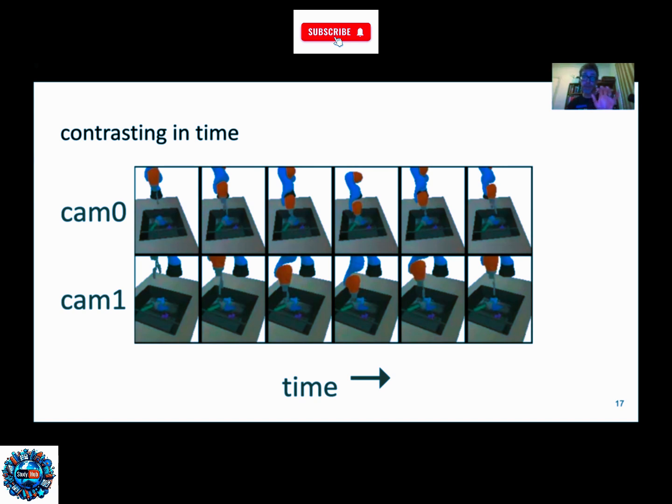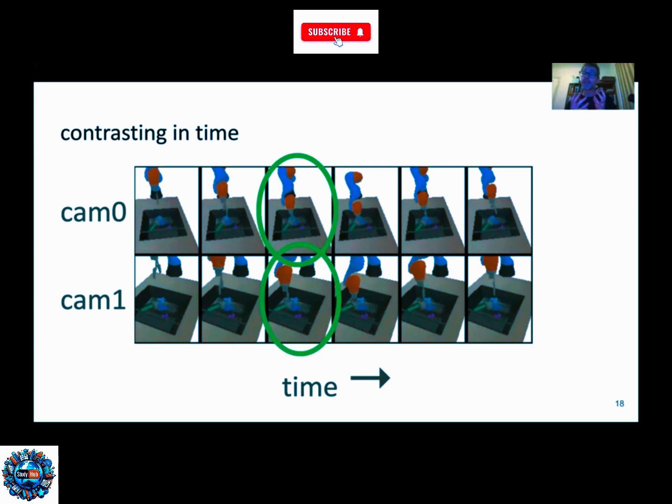So if I'm interested in using a data set like this to pre-train a network that's good to learn a representation around the arm pose, I can do the following. I can take these 2 cameras that are recording at the same time, and take 2 of the images from different cameras at the same time.